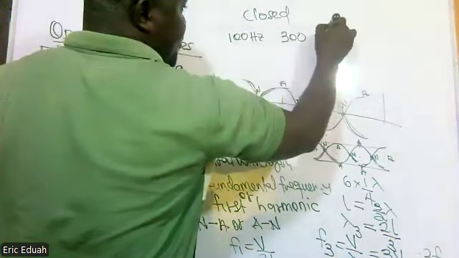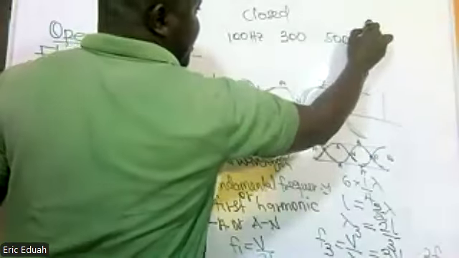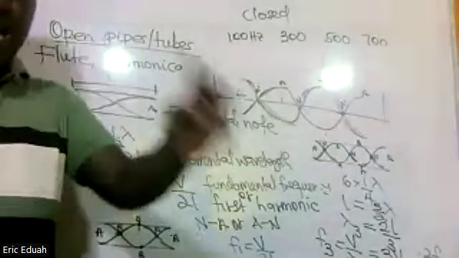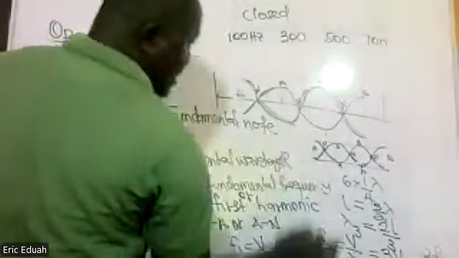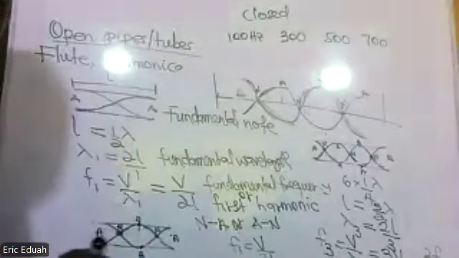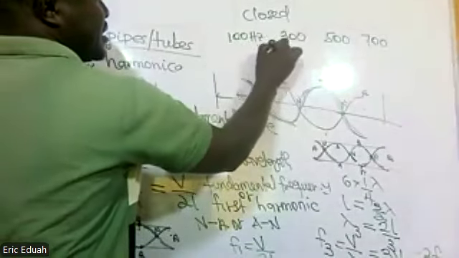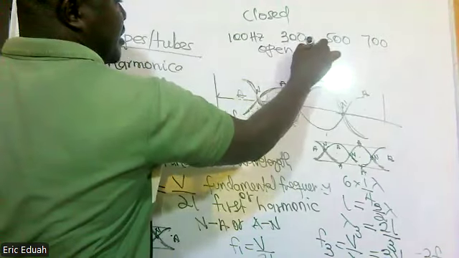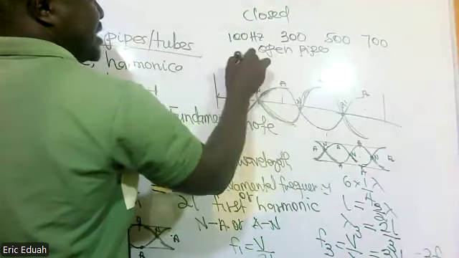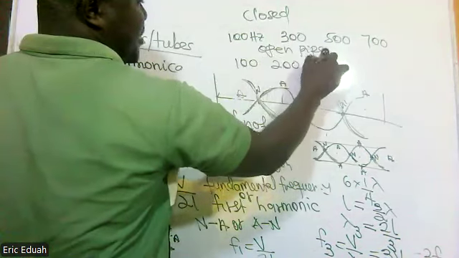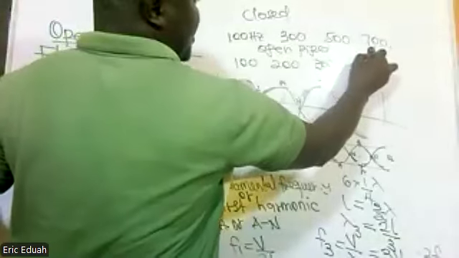The next frequencies are 500, 700, 900. This is odd harmonics. So for open pipes, if the first one is 100, the next one is 200, 300, 400, 500.